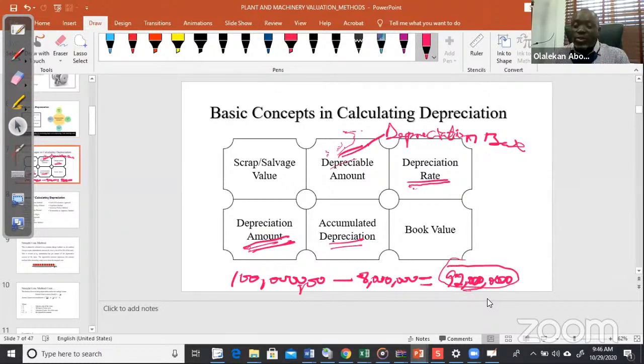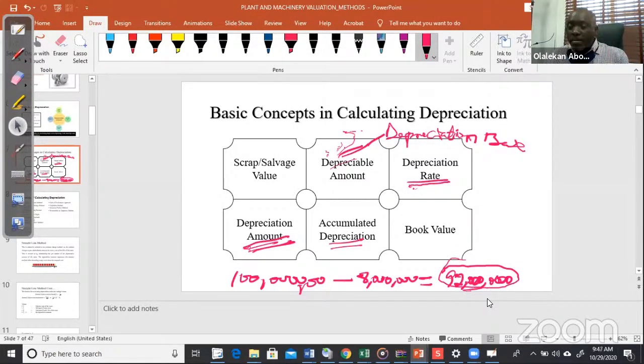So if the asset has been used for 5 years, what will be the accumulated depreciation? You just sum each annual depreciation together. In the case of straight line, it's a constant sum: 9.2 plus 9.2 in 5 places, or just 9.2 multiplied by 5 years. That will give you 46 million accumulated depreciation.